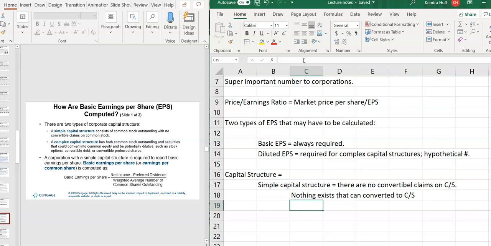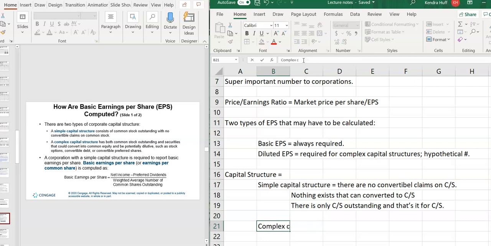So no bonds payable that can be converted to common stock, no convertible preferred stock, no stock warrants or stock options, none of that stuff exists. There's literally just common stock outstanding and that's it. There could be preferred stock too, but earnings per share only applies to common stock.